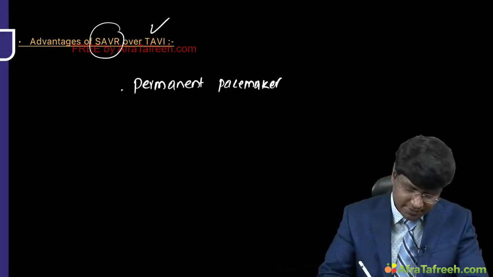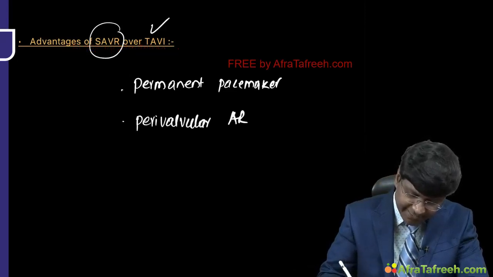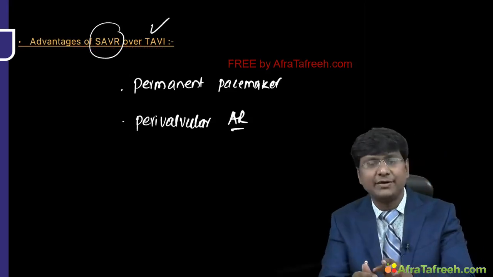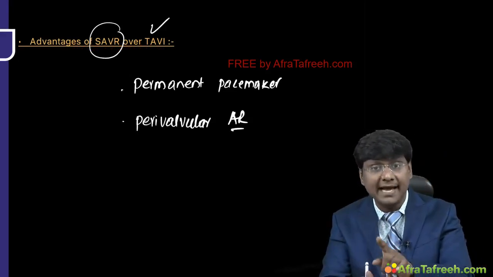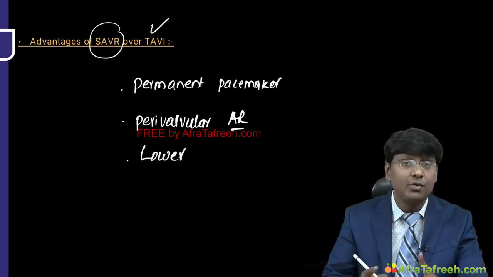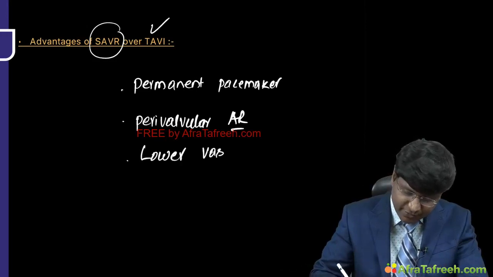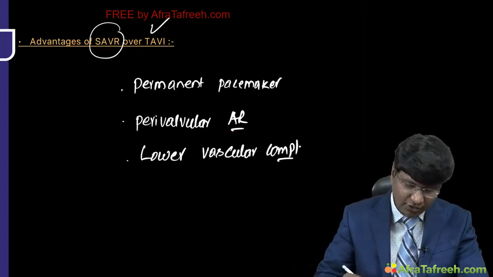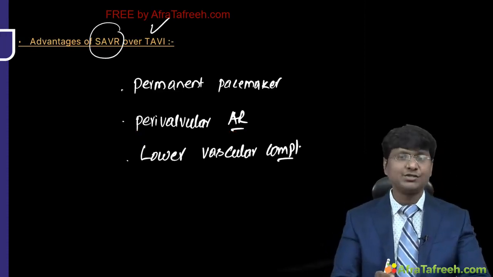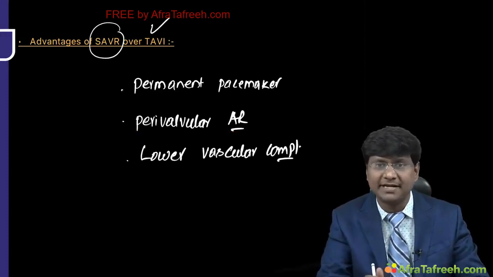Then the risk of perivalvular aortic regurgitation is less with surgical aortic valve replacement than with TAVI, and there are also lower vascular complications with surgical aortic valve replacement. So these are the advantages of surgical aortic valve replacement over transcatheter aortic valve implantation.